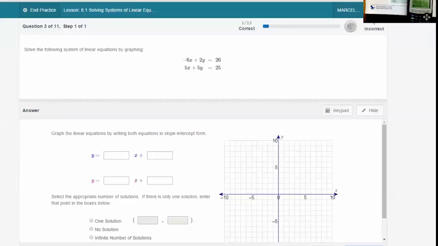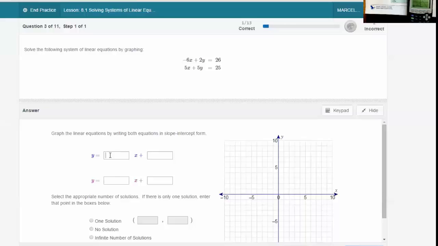I'm going to move my -6x over. That's going to end up giving me 2y is equal to 6x plus 26. Divide by 2 every piece. So I find out y is equal to 3x plus 13. Y'all agree? Is that what you ended up with?